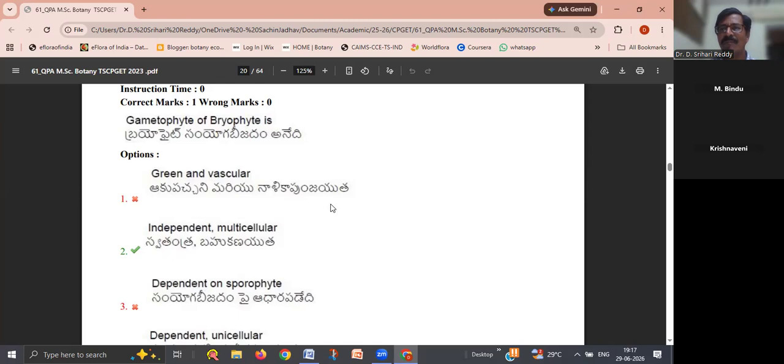Gametophyte is a haploid structure, whereas sporophyte is a diploid structure. And here in the bryophyta, gametophytes are dominant and sporophytes are not dominant. They are dependent on the gametophyte.